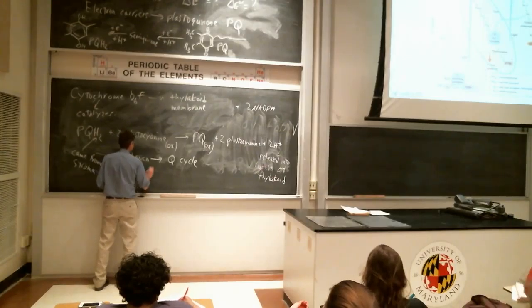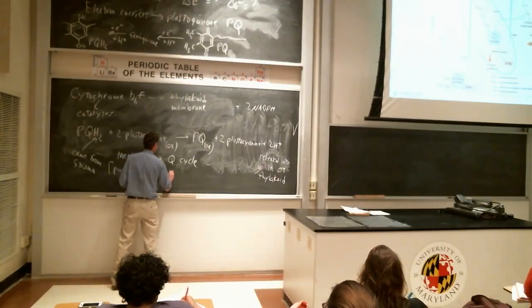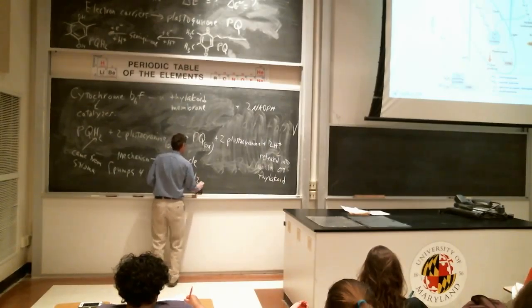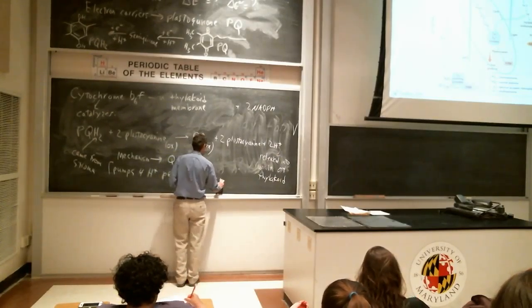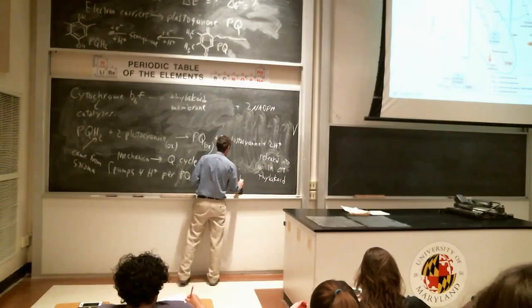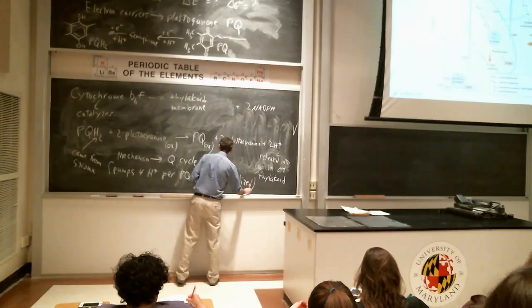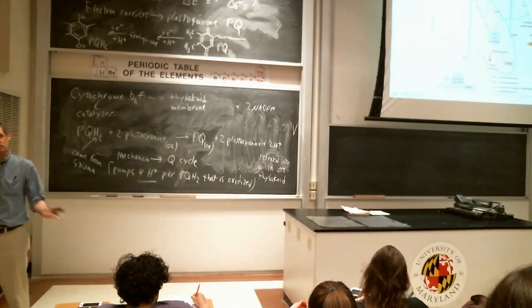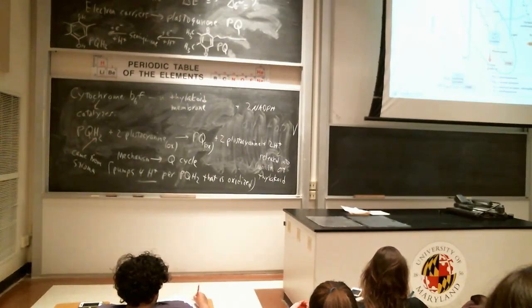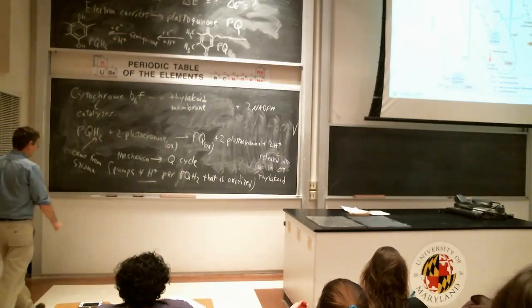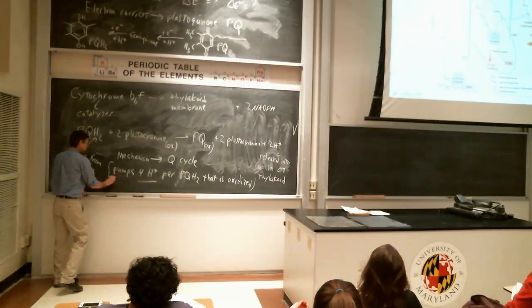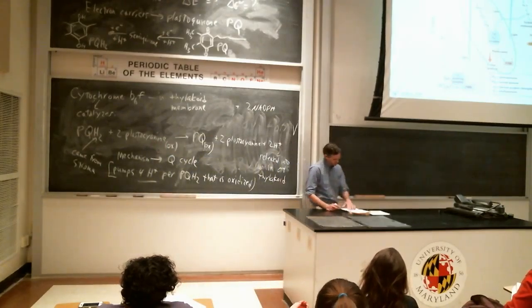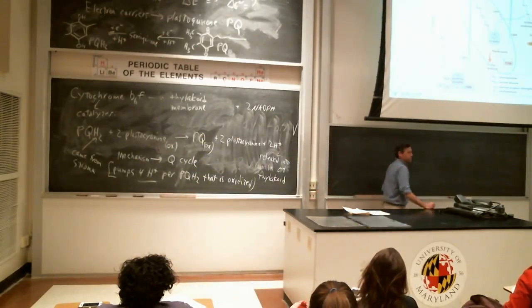It pumps 4 protons per PQ that gets oxidized. So again, the mechanism is that protons that are taken from the stroma side get released on the lumen side, and the mechanism is the Q cycle. I should have described the Q cycle again. I'll describe it in office hours.